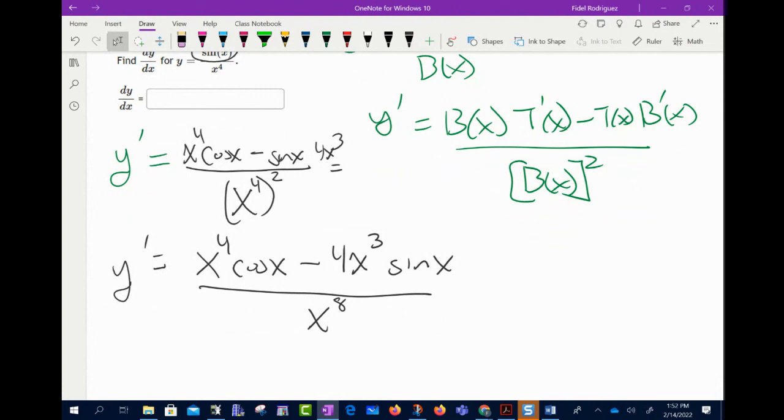And so right here, I would say this is my final answer: x to the fourth cosine x minus 4x to the third sine x, all over x to the eighth, right?